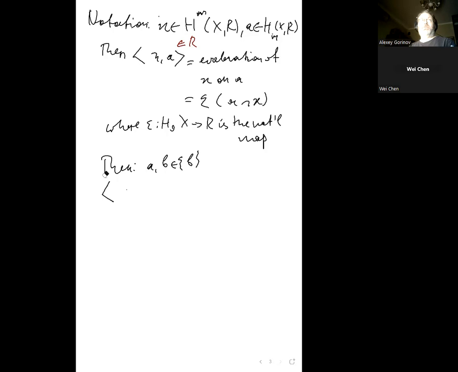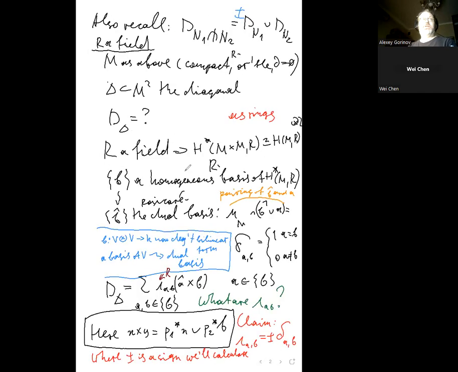Suppose I want to take the... Let me check what I wrote on the previous page.